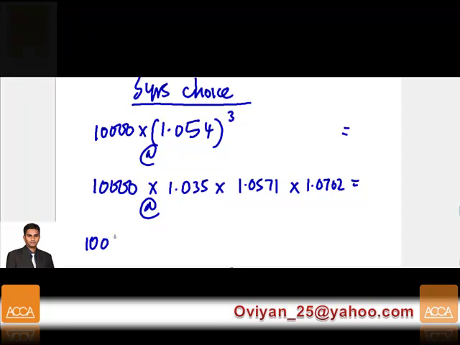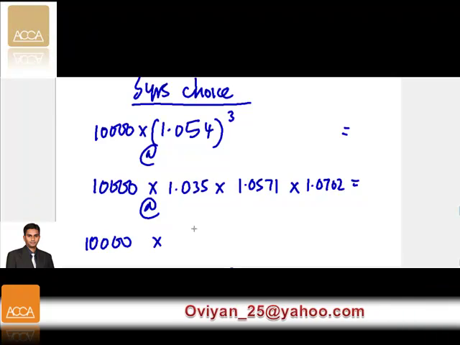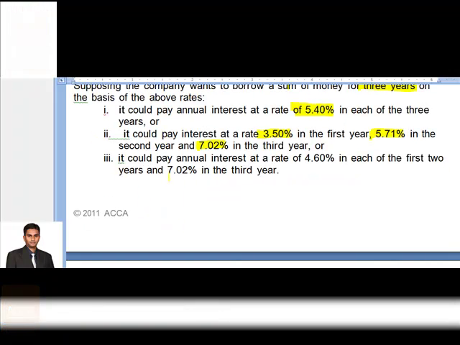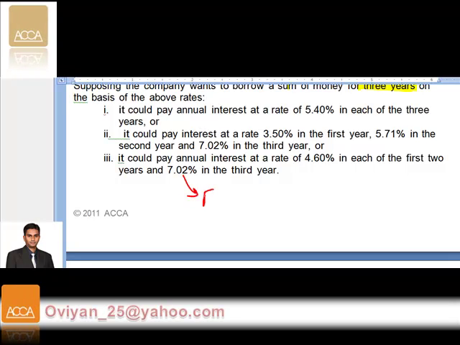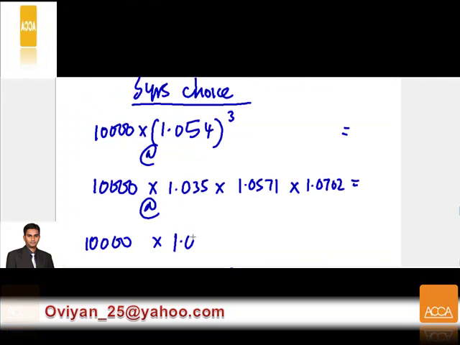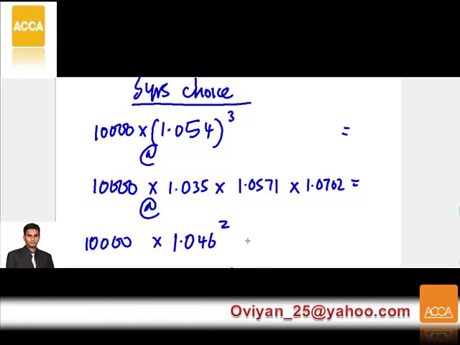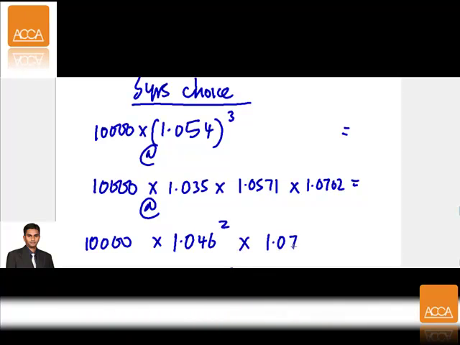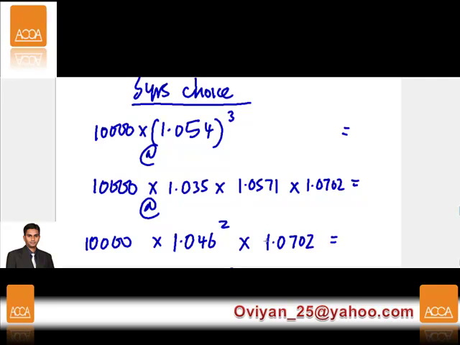Or you could borrow 10,000 and pay at 4.6 for the first 2 years. That means you're going to go for the forward only for the third year. This is the forward for the third year only. So you can go for 1.046, this is for the 2 years. And the last one, you go for the forward. Well, ideally, all should give you the same answer.